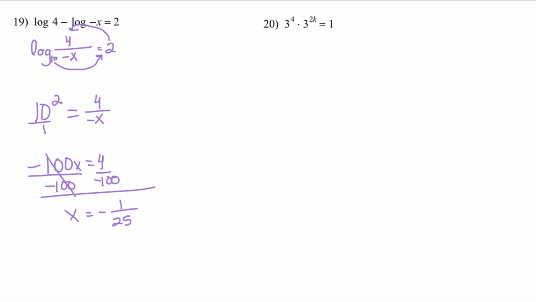Because I don't know what log base 10 of 4 is or log base 10 of 1 over 25 is, but if I put negative 1 over 25 here, I get positive 1 over 25, I multiply by the reciprocal, and that turns into a 100. So then I can actually see this through and verify that it's correct. That's kind of a complicated thing to do. So, just trust yourself. I'm sure you did it right the first time.